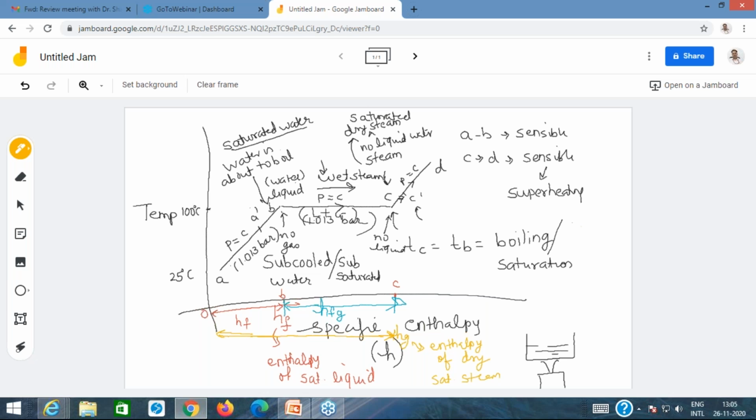And what would be HD? Suppose this is your D. Let me choose black for this, the HD. So what is HD?